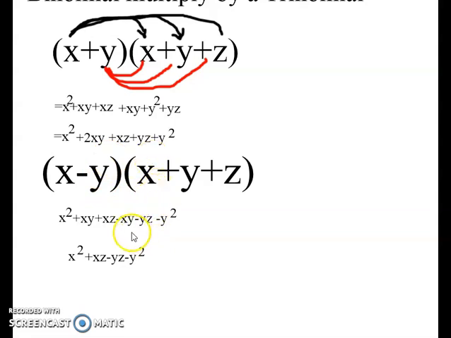Negative y times x will give me negative xy, because y is negative. The like terms in this instance, I've got positive xy and negative xy, and we know one minus one is 0. So I'm left with x squared plus xz minus yz minus y squared.